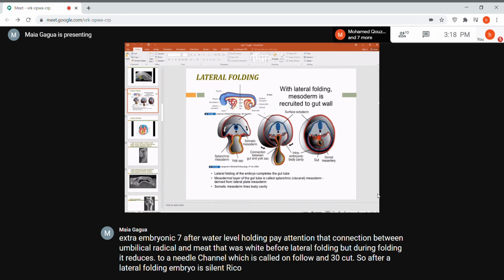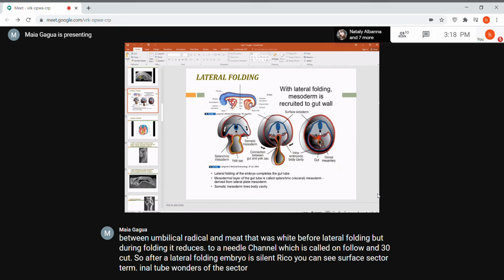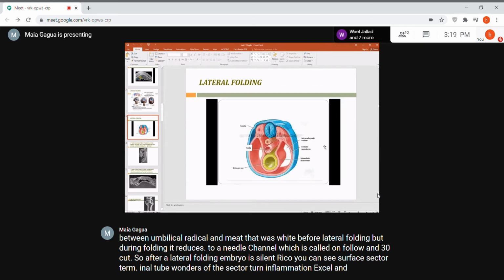So after lateral folding, embryo is cylindrical. You can see surface ectoderm, neural tube under surface ectoderm, intraembryonic coelom, and gut. So let's describe all structures.